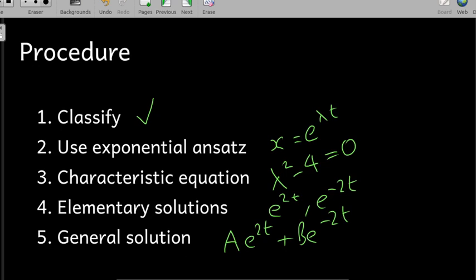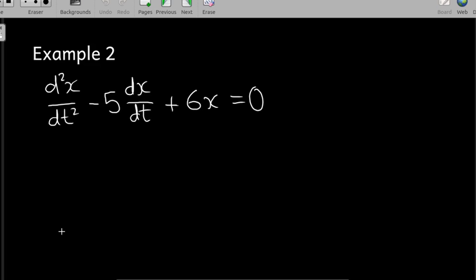So let's try one more complicated example at the end here. We have a differential equation: d2x by dt squared minus 5 dx by dt plus 6x equals 0. We'll start with x equals e to the lambda t, and dx by dt is lambda e to the lambda t, d2x by dt squared is lambda squared e to the lambda t.